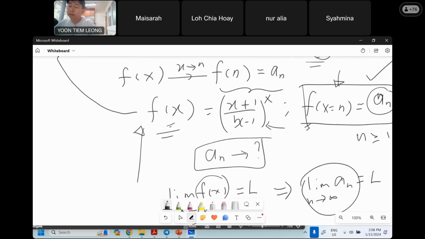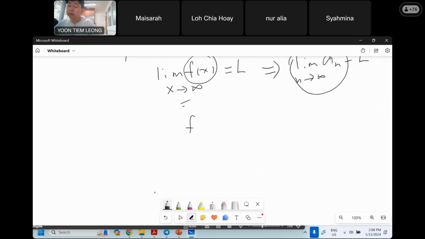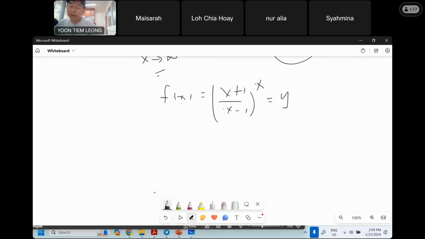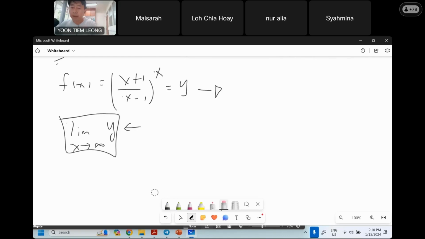I'll call the expression (x plus 1 over x minus 1) to the power x by the symbol y, and I'm going to find the limit of y when x goes to infinity. I have mentioned that if you have a function raised to any power, taking the log allows the power to be brought down.